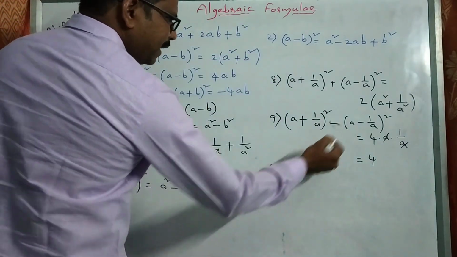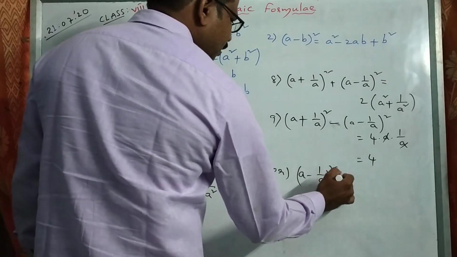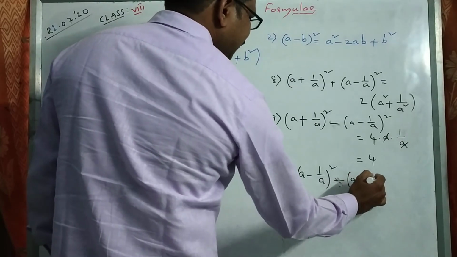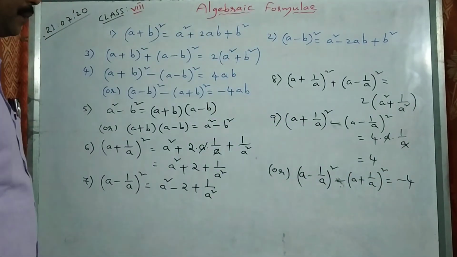Or if I want this as first term, (a minus 1 by a) whole square minus (a plus 1 by a) whole square equal to minus 4.